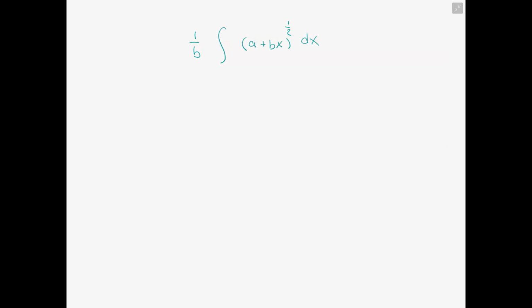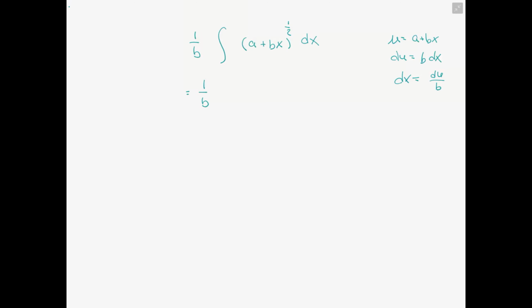So here we'll try a substitution. We go u equals a plus bx, du equals b dx, and dx then equals du over b.